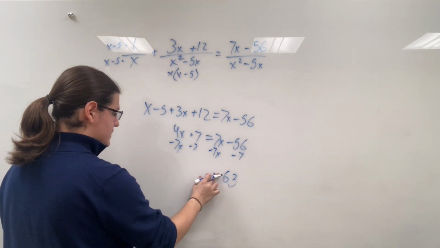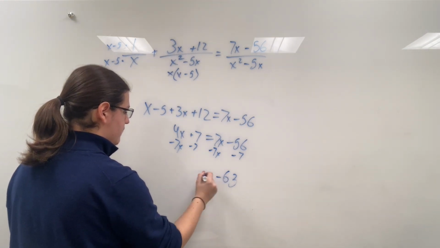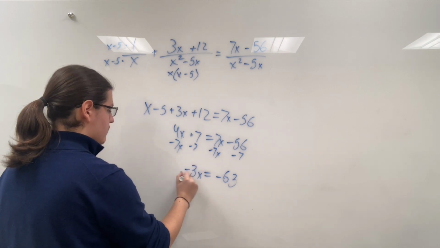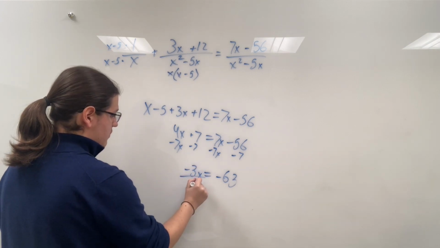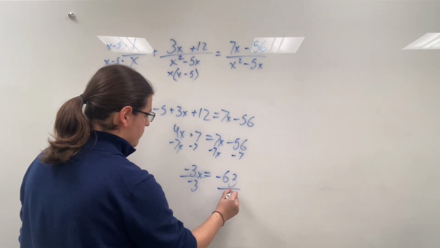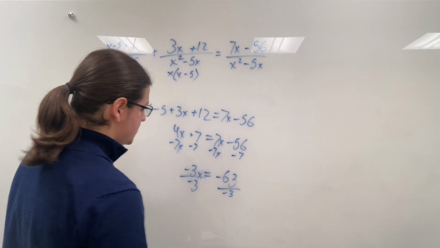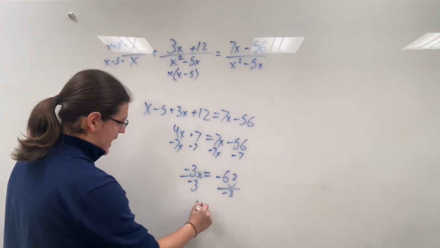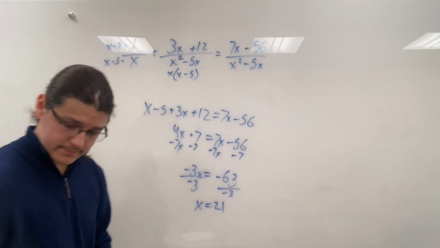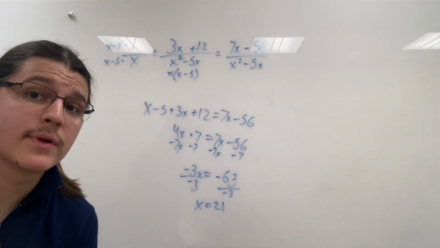We're going to get minus 3x. Divide once more. We want to get that x on its own. Divide by minus 3. Now our solution is going to be x is equal to 21. Pretty neat, ain't it?